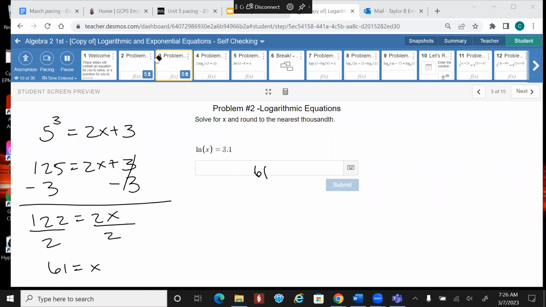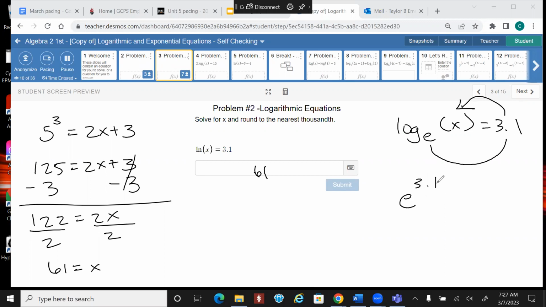Log base e. Okay, so we have log base e of x equals 3.1. Is the log by itself? Yes. Okay, so we're going to start at our base, go to the outside, finish over here. That's e to the 3.1.